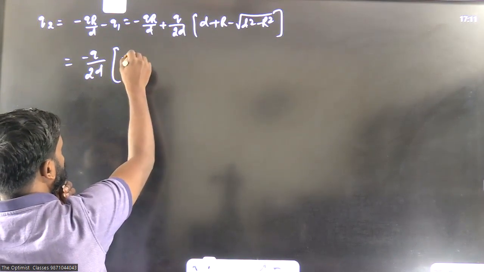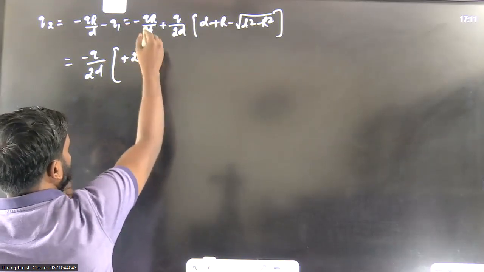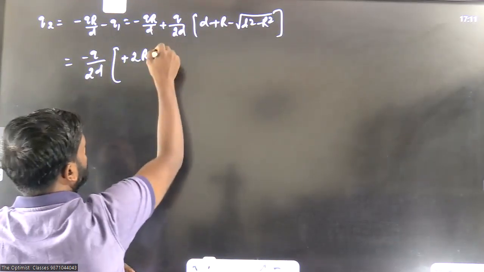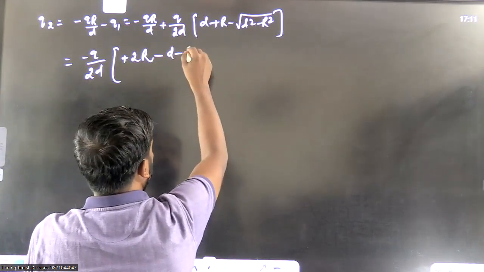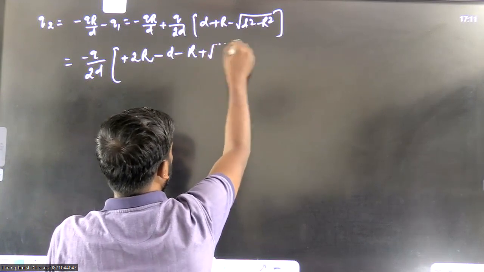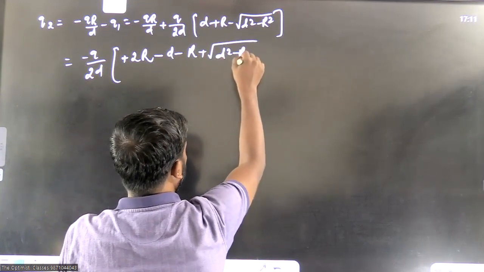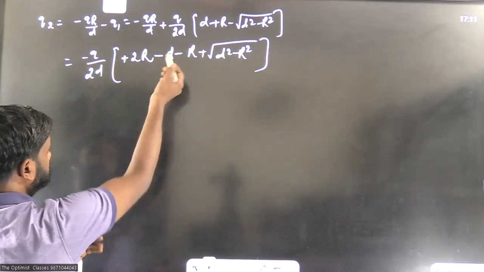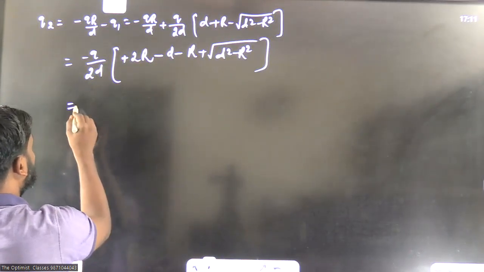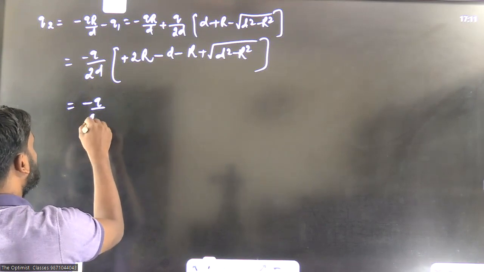So you will get plus 2 and 1 R is left here, because Q by D I have taken common. Here it will become minus D and minus R, but this becomes plus root under D square minus R square. Now you subtract 2R, so it will become D minus R. So we can write it as minus Q upon 2D.